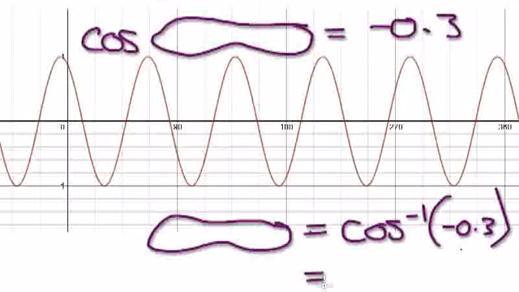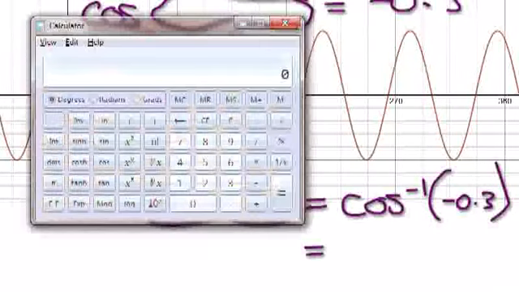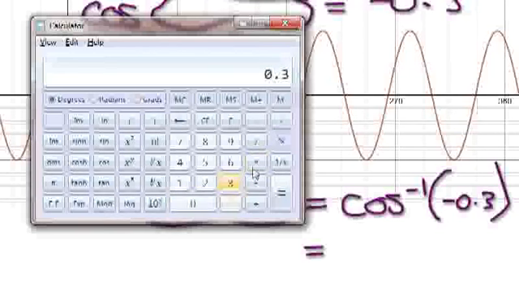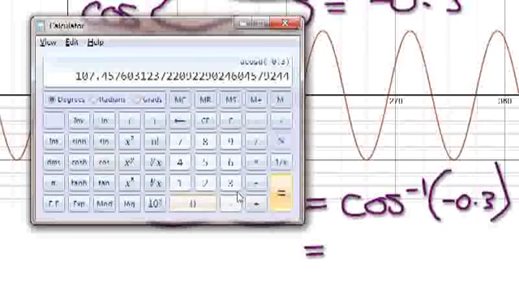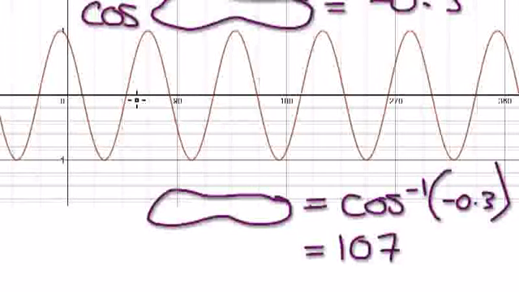You would jump to your calculator: 0.3, stick a minus sign, then inverse cosine. I'm going to round it off to 107. So 107 is our principal solution.